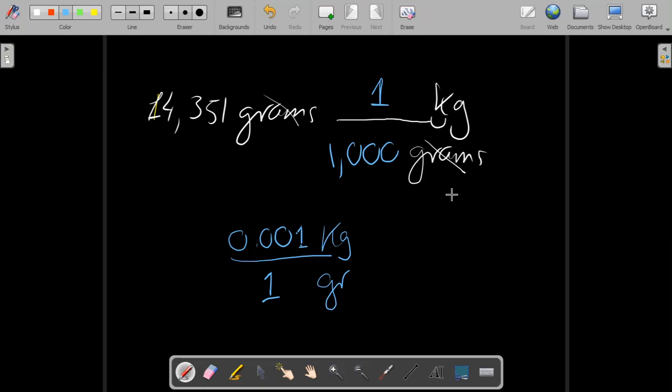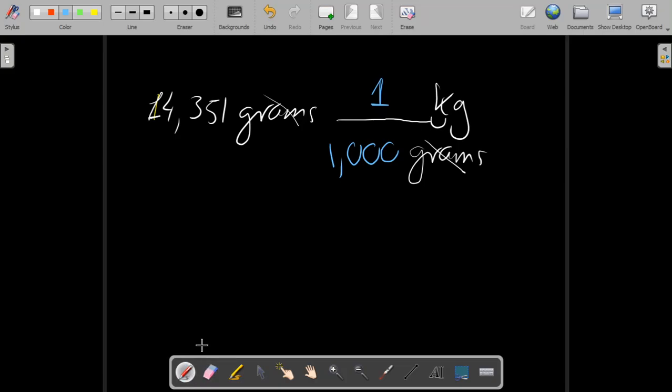My mind thinks this way. But if your mind thinks this other way, that is fine. The relationship needs to be true for it to work. So make sure that the relationship is true. That is 0.001 kilograms is 1 gram. The numbers need to be in the right position. So use the factor label method to solve these kinds of problems, but also use the conversion factor that works for you. Let me erase this.